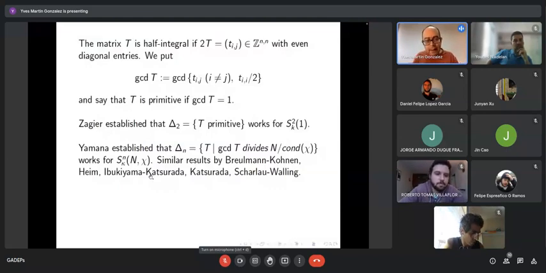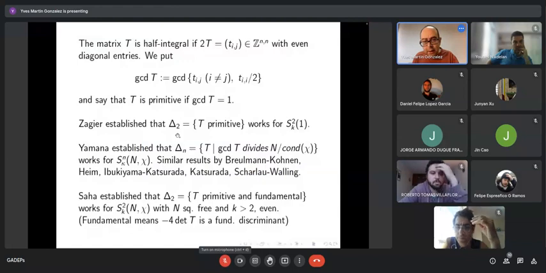And more recently, Saha established a result for degree 2 Siegel cusp forms. Now notice that the set that he finds is smaller than the one that Saguier and Yamana have in the degree 2 case, because T is not only primitive as before, but it's fundamental, which means the determinant of T times 4 is, minus that is, a fundamental discriminant.